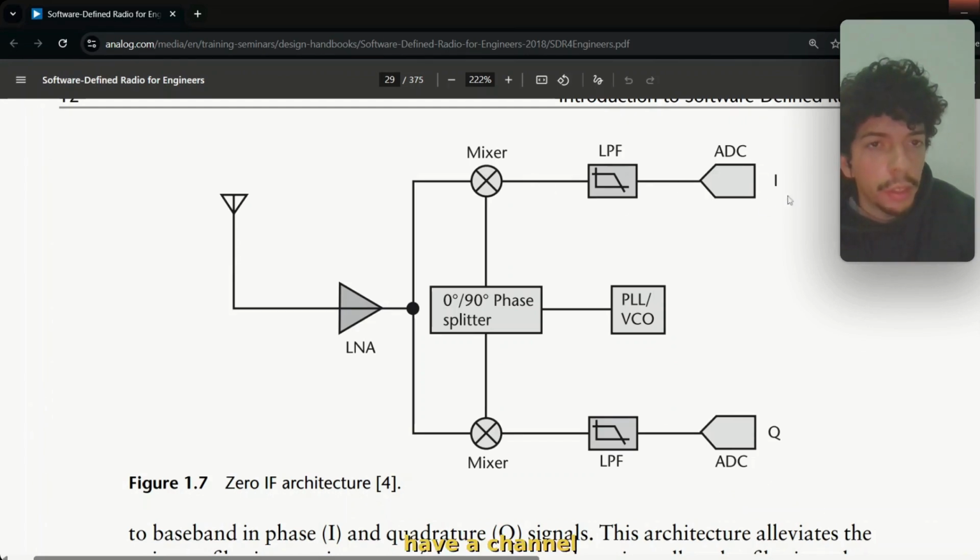We have an in-phase channel, okay, and we have a quadrature channel, and together we have a signal for information, and between phase, frequency, or amplitude too.